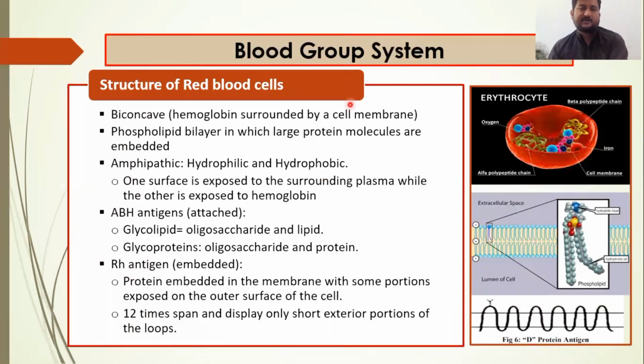Then the blood group system. First of all, the structure of the red blood cell. The RBC is biconcave, with hemoglobin surrounded by a cell membrane. As you can see in this diagram, the hemoglobin is present inside the cell and the cell membrane covers this hemoglobin. The cell membrane is made up of a phospholipid bilayer in which large protein molecules are embedded.